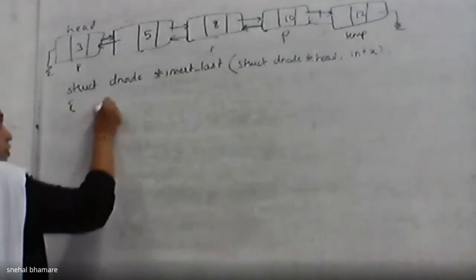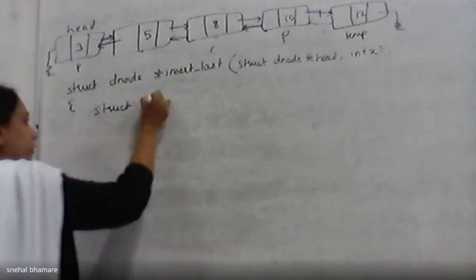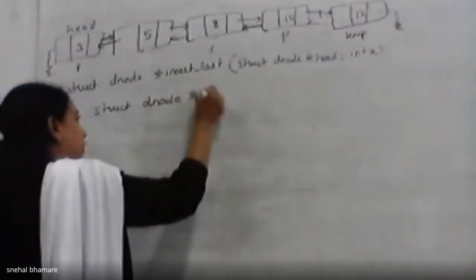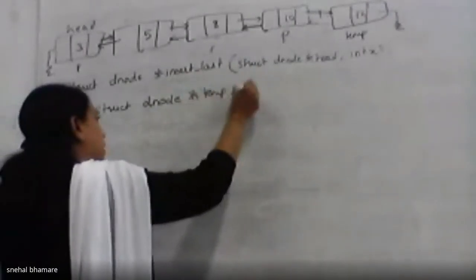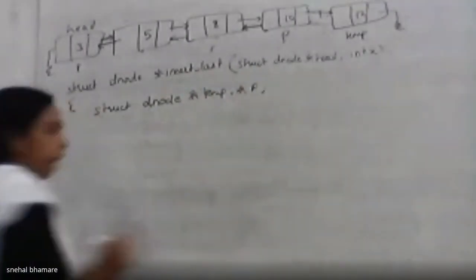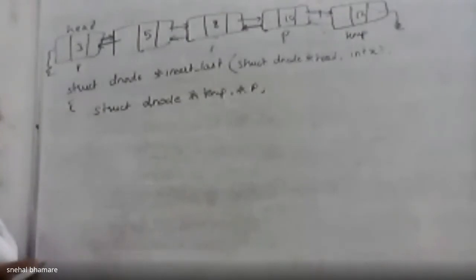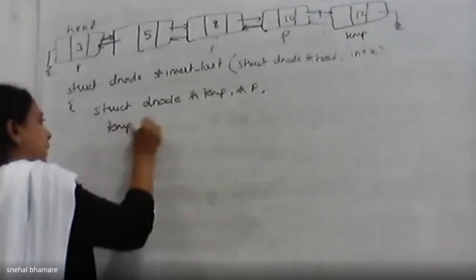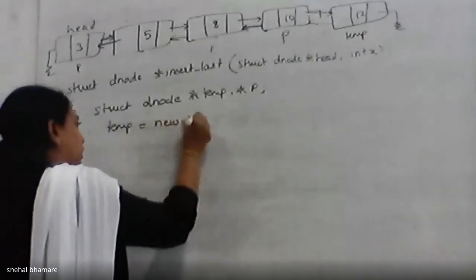Two variables I am going to require. So struct node pointer temp and pointer p. Allocate memory only for the temp variable. So temp is equals to new node.